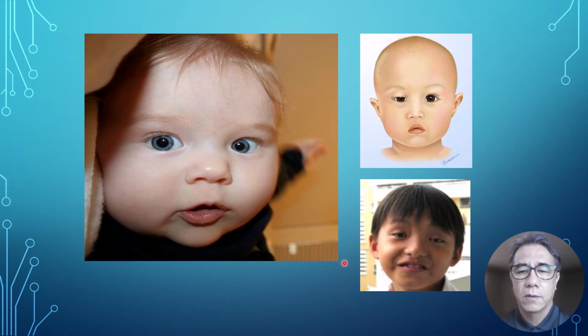So normally this is ptosis on one side, while this one is bilateral ptosis. When you see something like this, it's probably either congenital or part of myasthenia gravis.